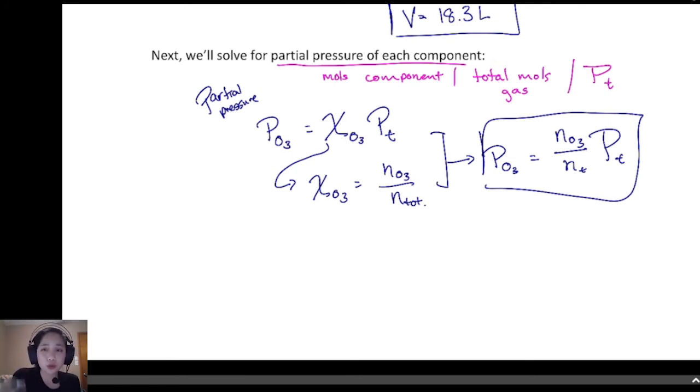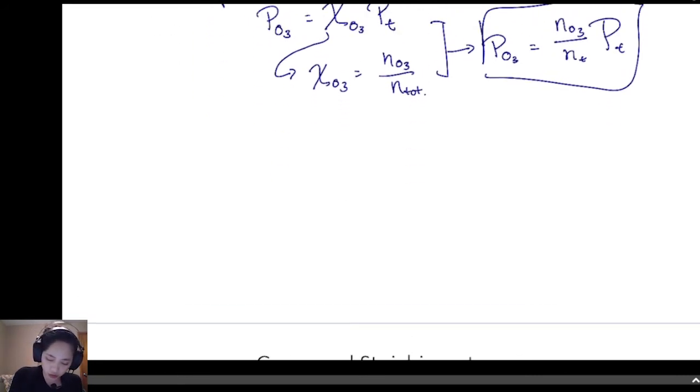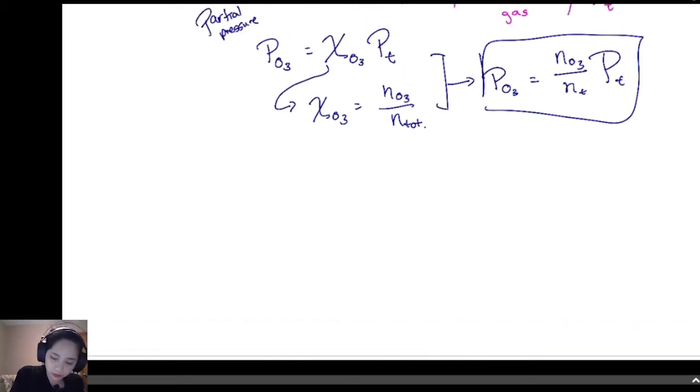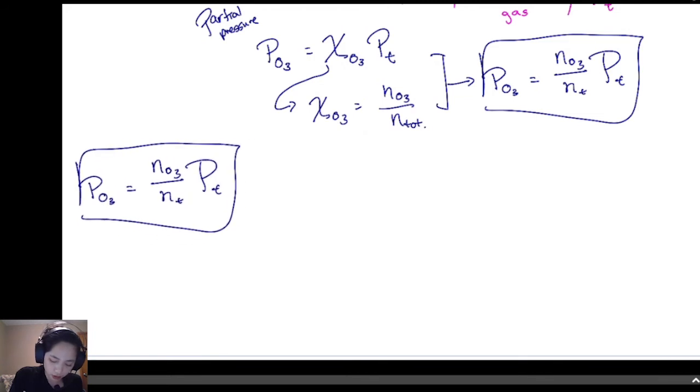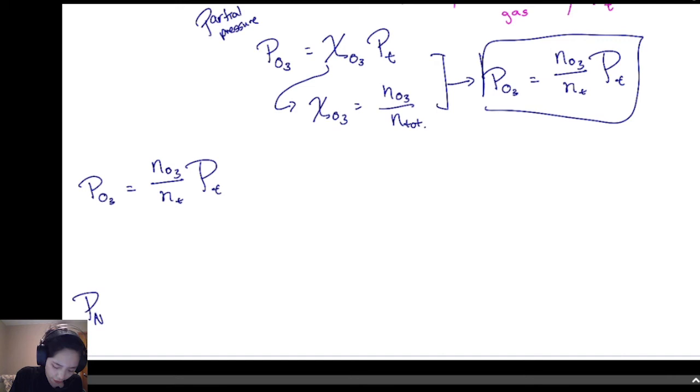So we have to do it for both ozone and nitrogen. So let's do that. I'm just going to copy it because I'm kind of lazy. So there's our equation for ozone, and our equation for nitrogen is the same thing, but obviously with the numbers for nitrogen, but the P total stays the same.